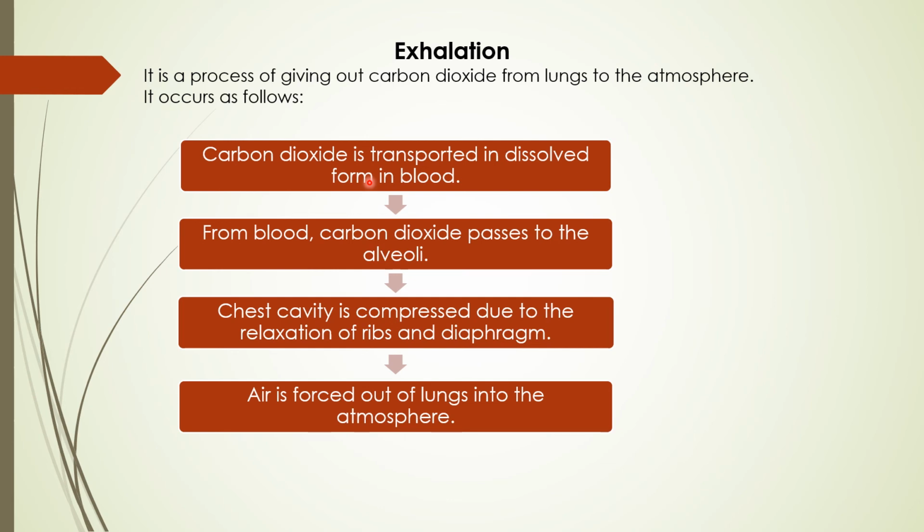And so, carbon dioxide is more where? Inside the lungs, or you can say inside the body. So again carbon dioxide starts moving from the body into the atmosphere due to the diffusion pressure gradient. So air is forced out of the lungs into the atmosphere, and that process we call exhalation.